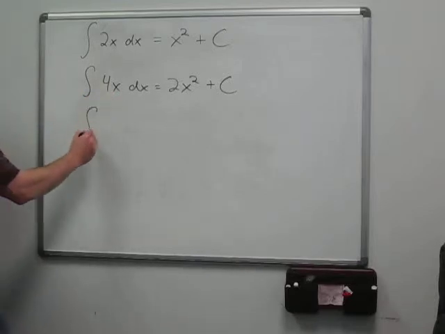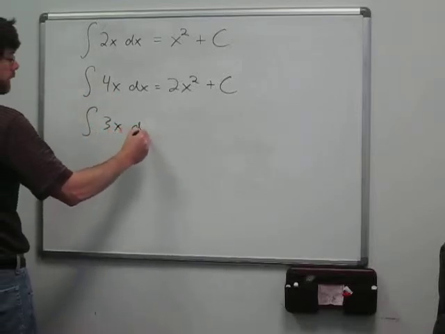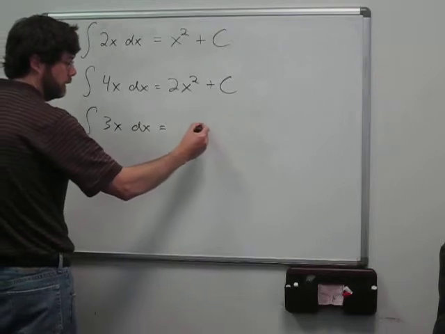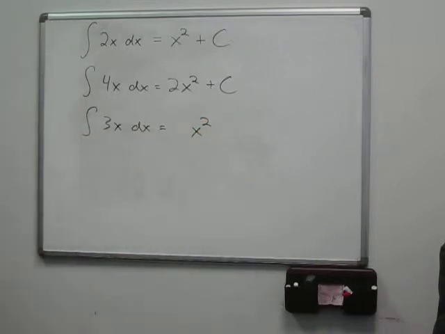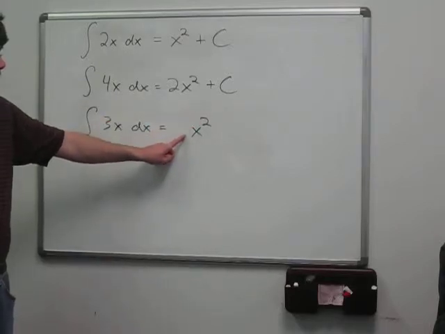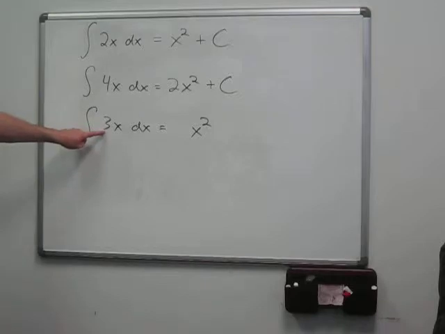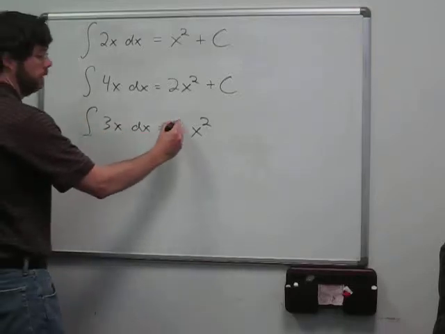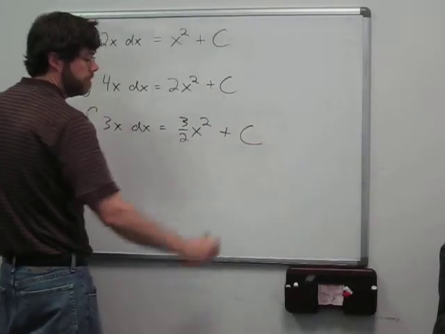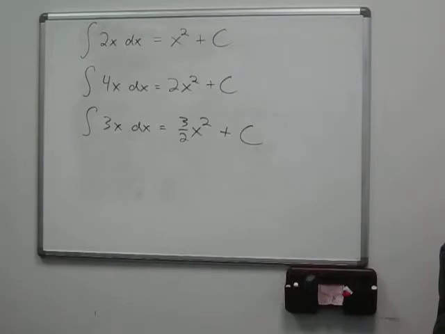So what about antiderivatives of 3x? Well, to get an x in our derivative, we're going to need some term involving x squared. And what sort of coefficient do we want out in front? Well, when we multiply by 2, we need to get a coefficient of 3. So my coefficient here should be 3 divided by 2. And again, add on any constant.